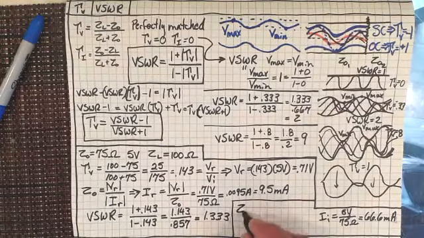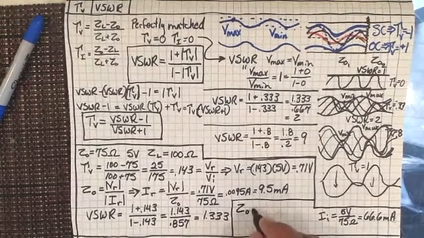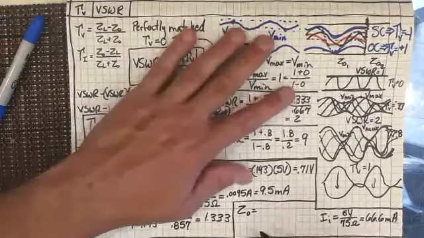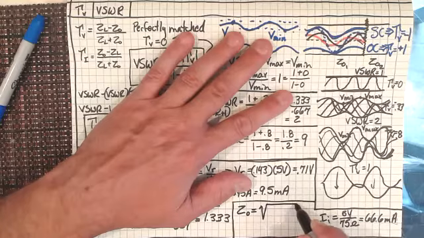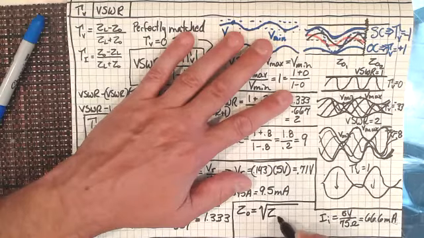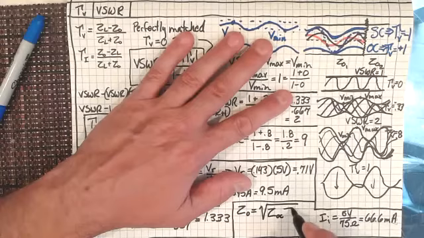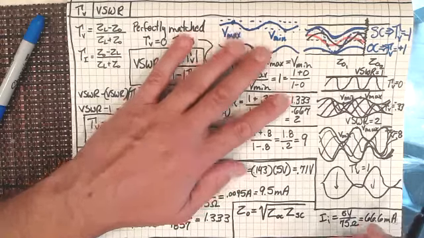If you wanted to find the characteristic impedance of a line, it is just the square root of the impedance of that line open circuited times that line short circuited, right?